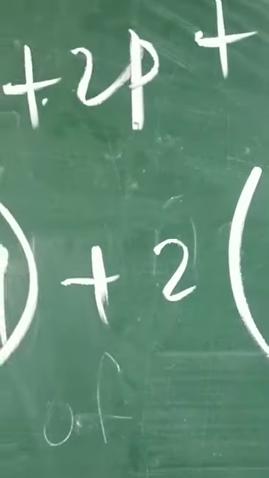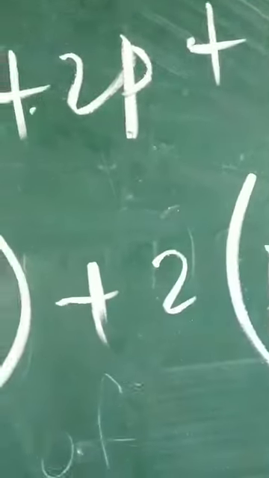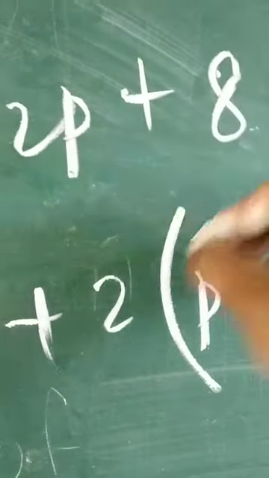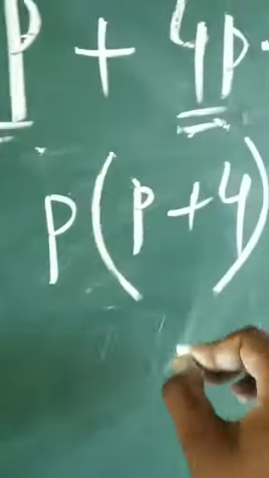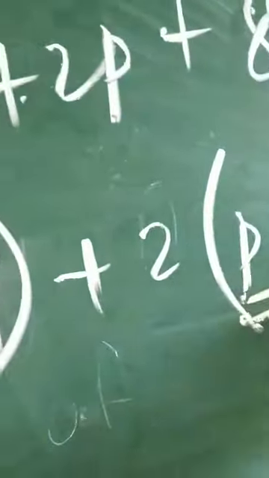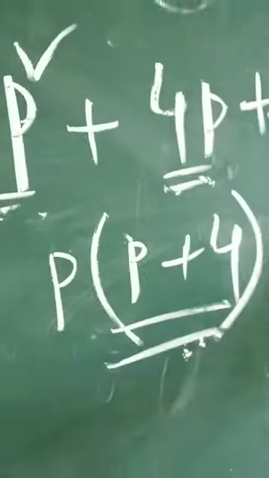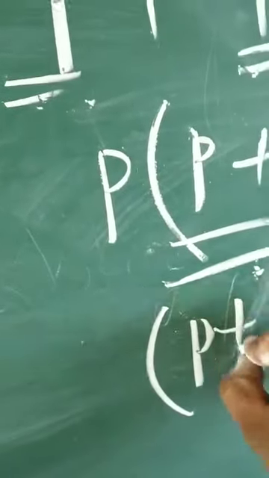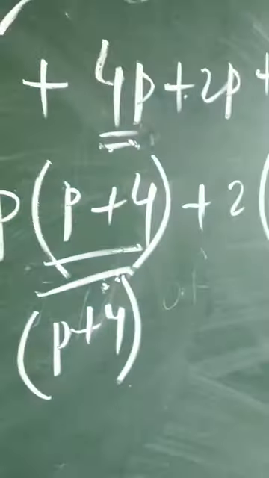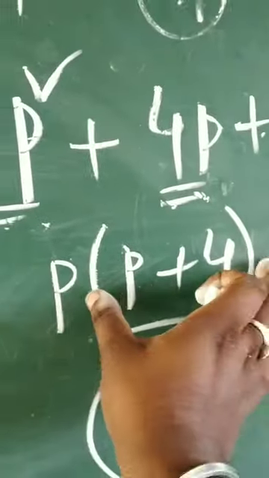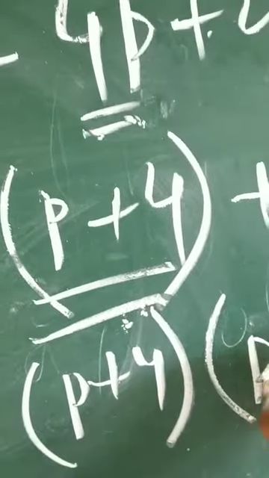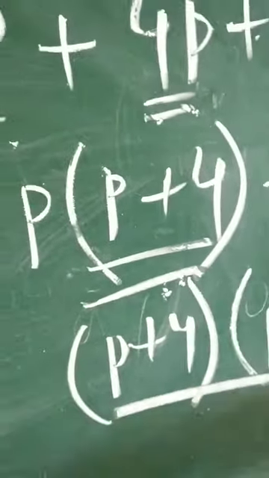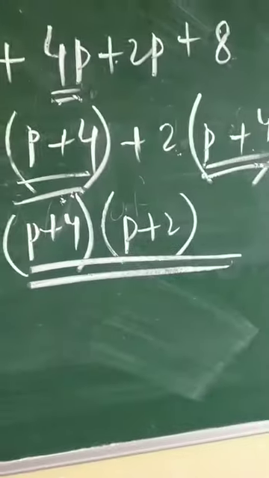I took away 2 from here. P is left. Plus from 8, 2 is out, 4 will be left. Now, p plus 4 is common. So I'll take p plus 4. Now there is no more p plus 4. It's taken away. P plus 2 is left. This is what my answer is all about.